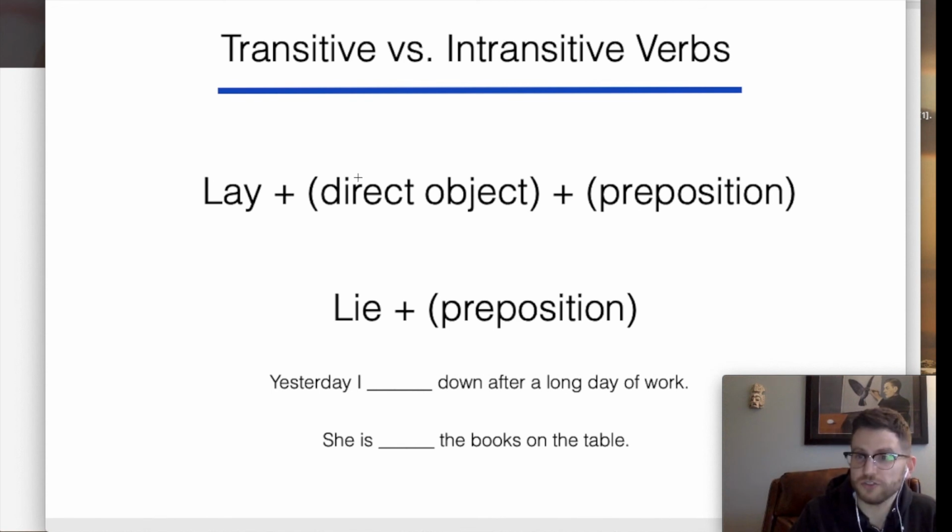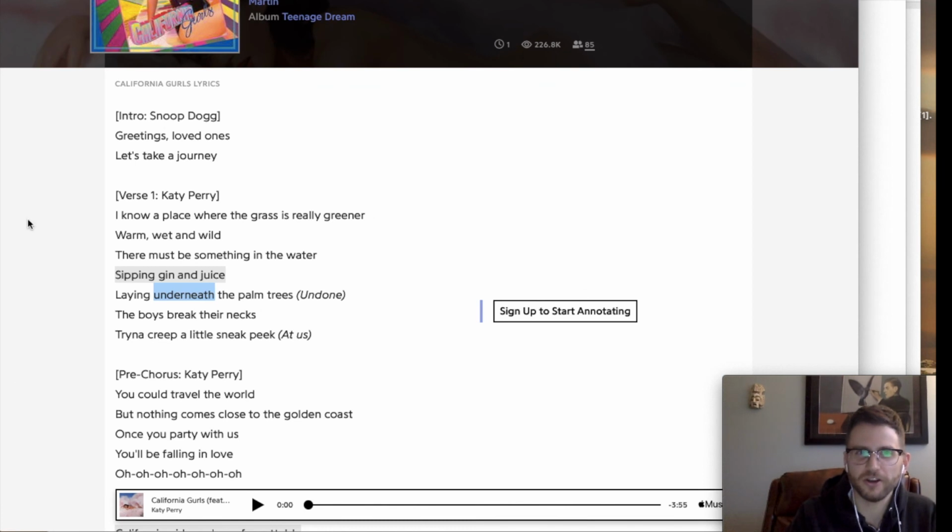That's the one she's using here. She's using to lay, and then she has a preposition, and then she has the object. But we just said before that lay is always attached directly to an object. So if we go back to Katy Perry here, lay, if we're using it correctly, should be attached directly to an object. Do we have that here?